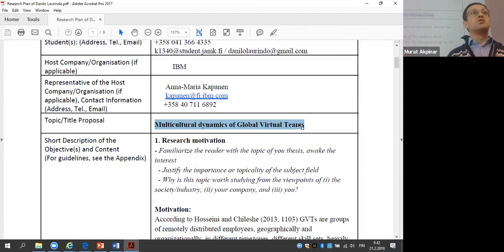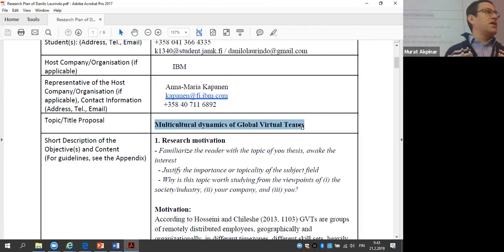So that's what global virtual teams mean. And this is something that is often seen in multinational companies. And of course, the people in these teams are from different cultural backgrounds. So there is, let's say, a member from India, a member from Finland, China, Bangladesh, Turkey. So it's a multicultural environment.